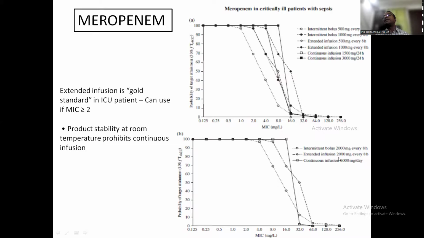And if you make it a 6 gram per day continuous infusion, which we use in our ICUs, you shift the square from 16 onwards, so you are almost covering a bug with an MIC of 16, which is normally reported resistant, because above 2 meropenem will be resistant. But if you are giving 2 gram TDS, that is 6 gram over 24 hours, you can cover the bug up to MIC 32, right?